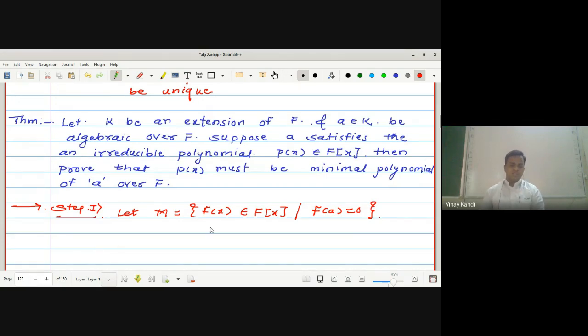Okay, the collection of all the polynomials belonging to this ring of polynomials such that a satisfies that polynomial, that is f of a is equal to 0. That is, the set of all polynomials satisfied by A.